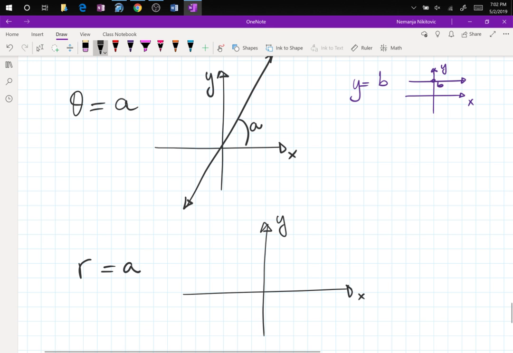What do you get? Circle. Clock. Because your minute hand has length, right? And here's the top of the minute hand. It's going to take all of the values as it goes around, because remember, you can take all the angles.